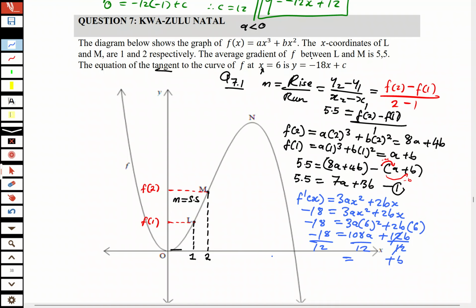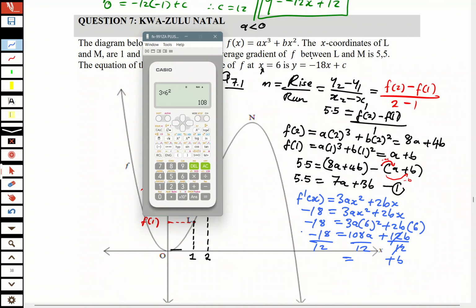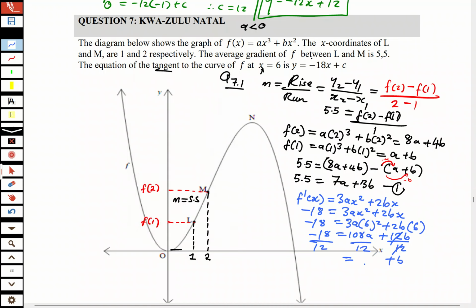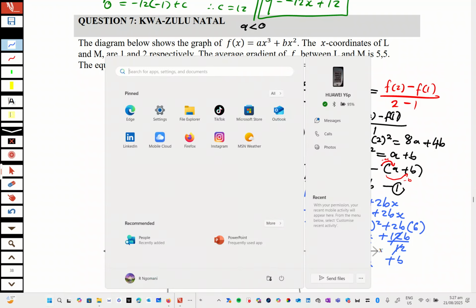So let's see, 108 I think is like 7 or something. Let's see, divide by 12. 9, yeah, whatever. 9. This is 9a. So what about this? Let's try again.